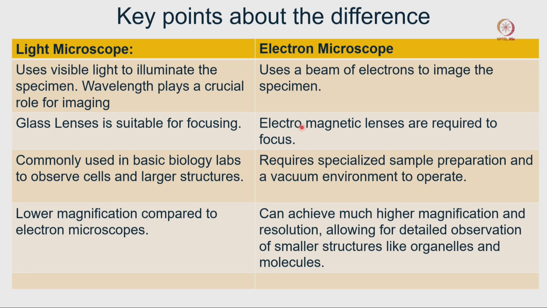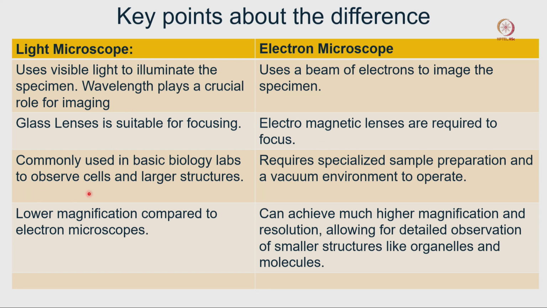But in the case of electrons, we cannot use a glass lens to converge or diverge the electron beam. So we need a different type of lens system, called the magnetic lens. Converging means the beams are coming closer and diverging means they are going far away from each other. So any magnetic lens we can use to focus the electron beam.